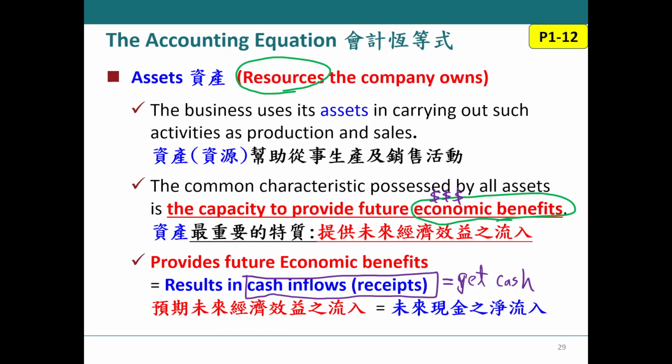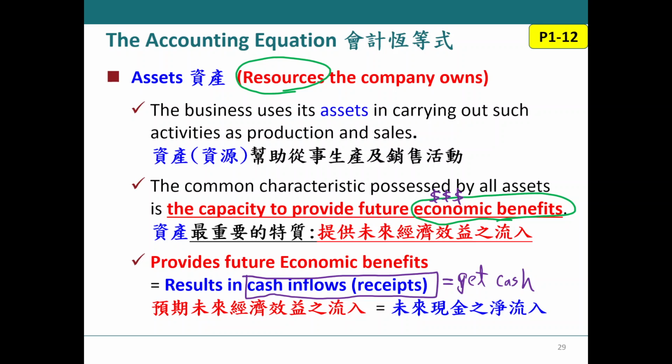The definition is very important. So please understand the concept, but you don't need to memorize each word. You just understand, remember the key words. So what's the key word? Resources. So when we talk about what is assets, 什么是资产? What is assets? Resources. But what is resources? Resources help you to get future economic benefit, help you to get cash in the future.